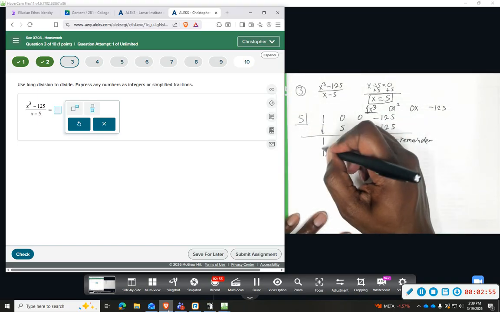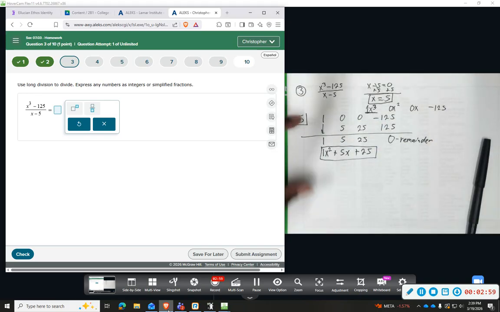So here's our resulting polynomial. With synthetic division, it's a lot faster. You don't have to deal with the variables until the end. Definitely prefer whenever you can use this method. So x squared plus 5x plus 25.